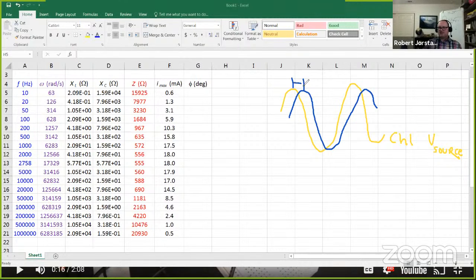Now, this is some sort of time measurement, but it's equivalent to a fraction of the period. The period would be from right here all the way over to right here.